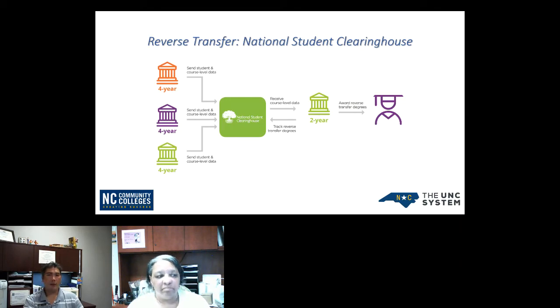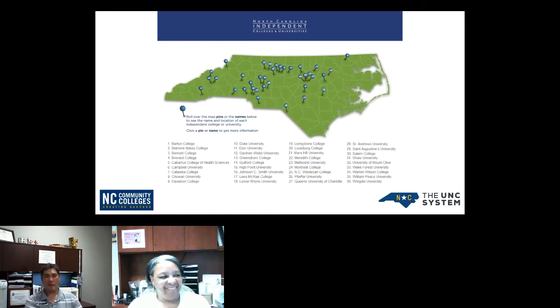And so you're thinking, but we already have this process through the UNC Dashboard. Why do we need to do this through the clearinghouse? I'm glad you asked that, folks. This is the reason why. Every one of us has an independent or private college or university near us, which our students wind up transferring to.